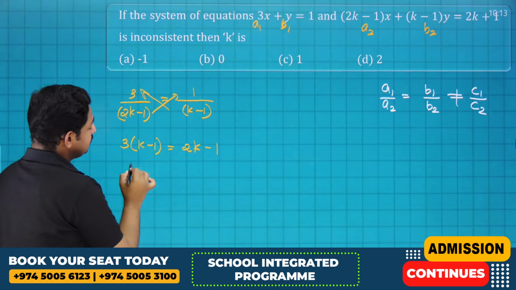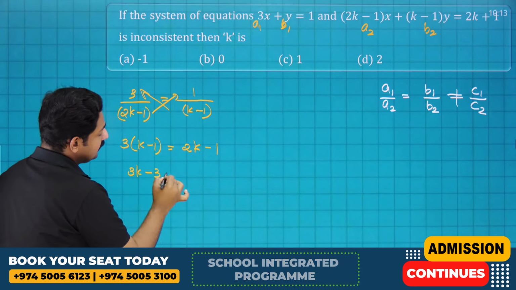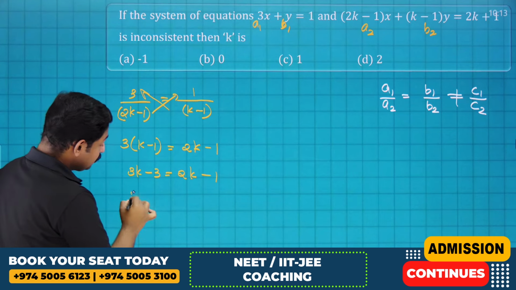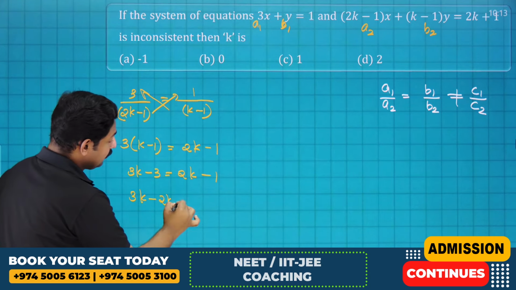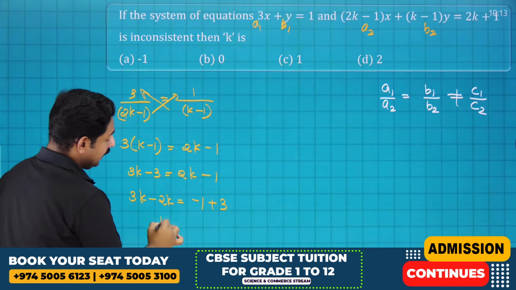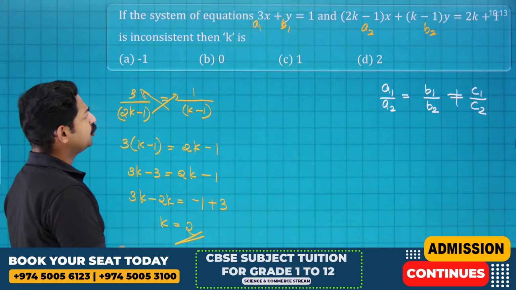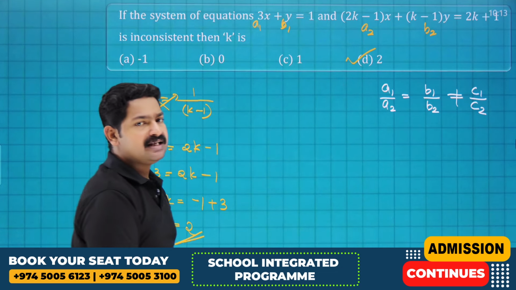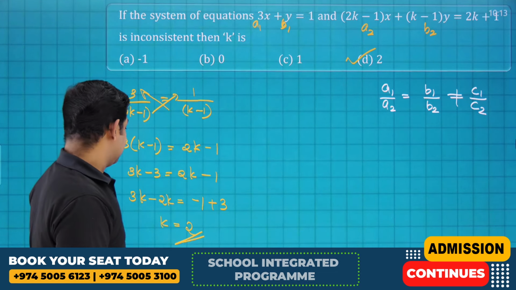Multiplying 3 inside the bracket, 3k minus 3 is equal to 2k minus 1. You can bring 2k to the left side, so 3k minus 2k is equal to minus 1. Bringing minus 3 to the right side, plus 3. So k is equal to 2. Simply, you are getting k equal to 2. So option D is the correct answer. The value of k is equal to 2. That's it.